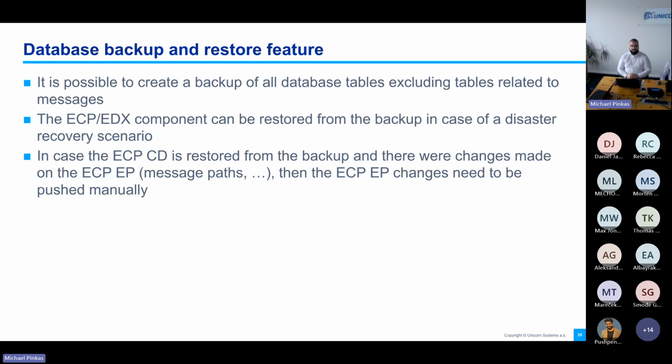The only thing that can happen is, when you're restoring the component directory, there might be a moment when the endpoint is authenticated or synchronized anonymously, but that will be resolved by itself with another synchronization. So in this case, it shouldn't be a huge issue.